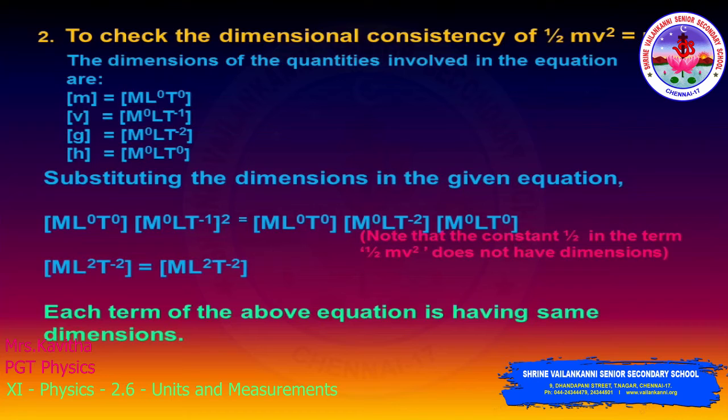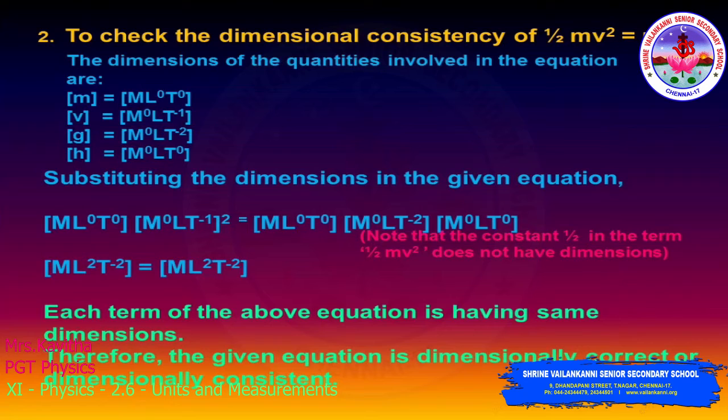Check both sides now: M L square T power minus 2 equals M L square T power minus 2. Got it? Each term of the equation has the same dimensions. Understand? Therefore the given equation is dimensionally correct, or dimensionally consistent.